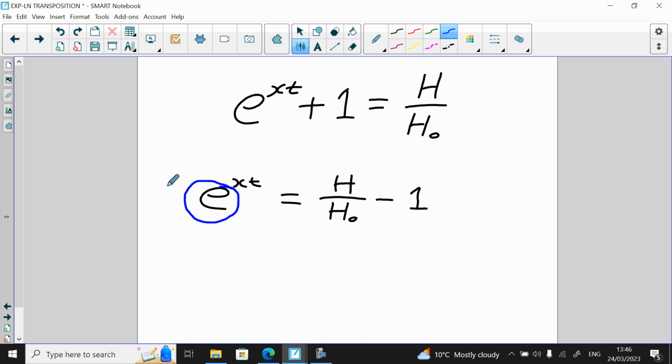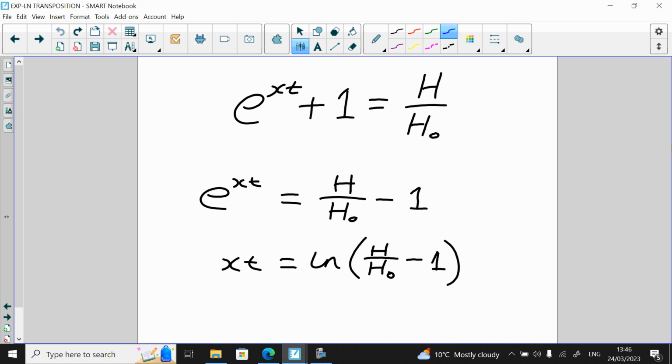Nothing there or there. So I can eliminate it. Introduce ln on our side. And there's only one thing I need to get rid of. Is t. It's multiplying. So take it over and divide by it. Hopefully. And that's it, folks. That is us done.